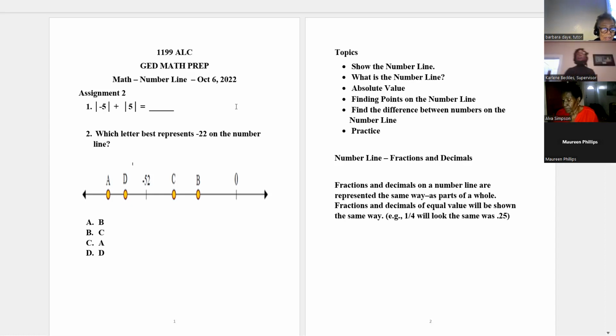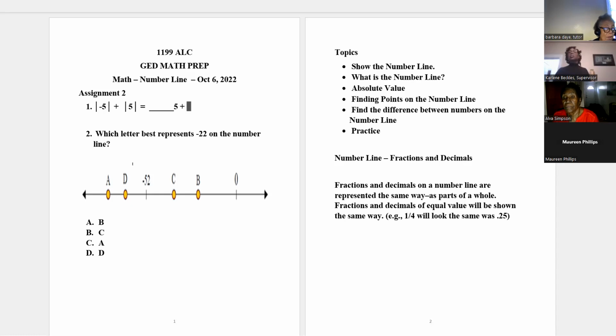You know what absolute value is, right? A number without a sign. Yes. Look at the screen, Alva. What's the absolute value of negative 5? It's positive 5. That's right, just 5. And what's the absolute value of just 5 without a sign, which means it's plus?